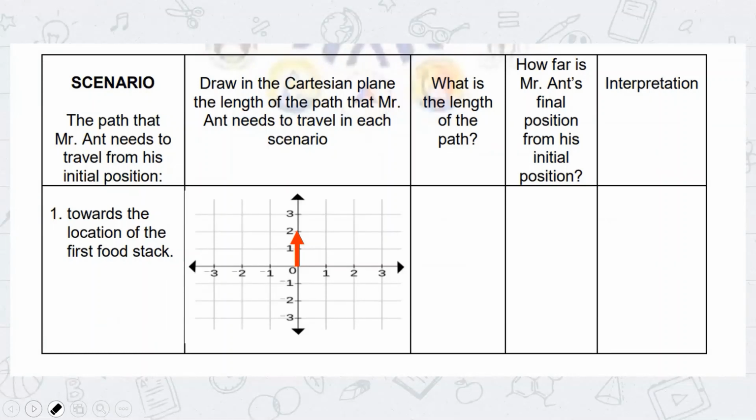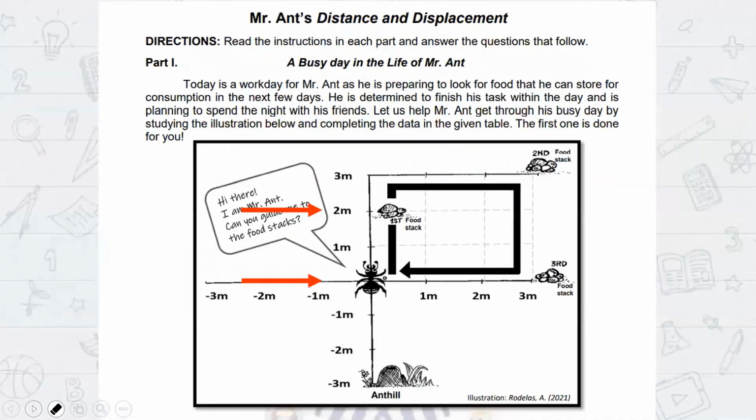Now the question is, what is the length of the path? Of course, that is 2 meters. How far is Mr. Ant's final position from his initial position? Looking at the diagram, we can see that the ant's initial position is at 0 meters, and it went up to 2 meters for the first food stack.